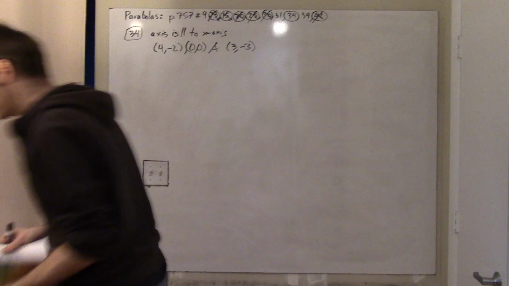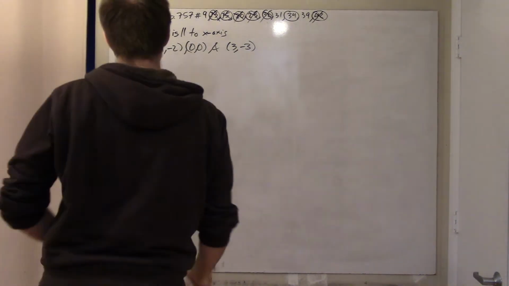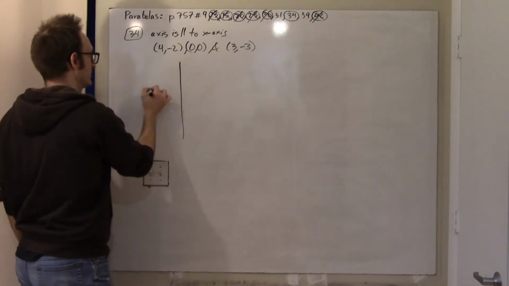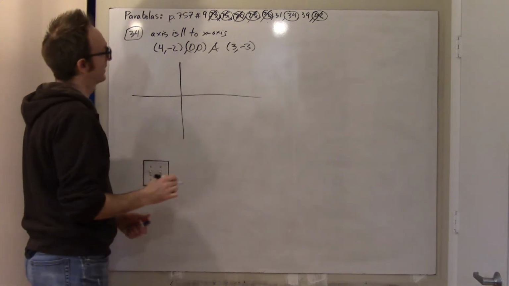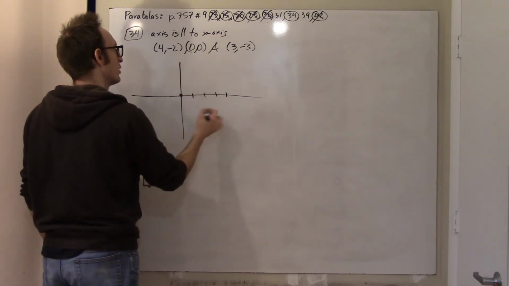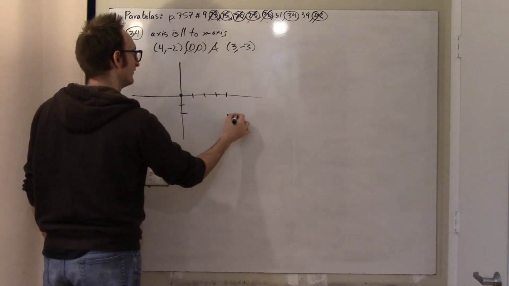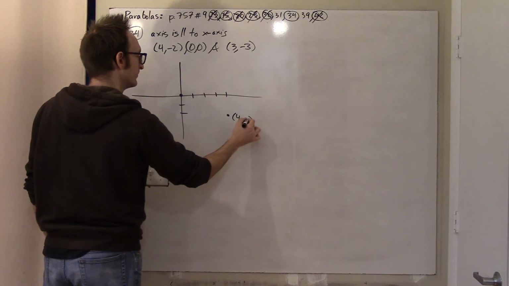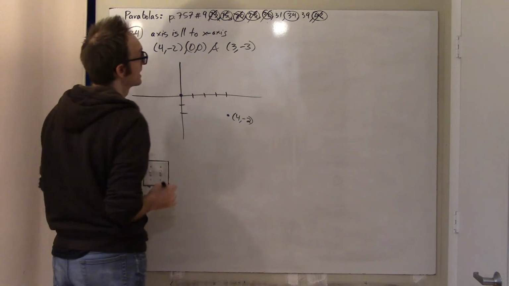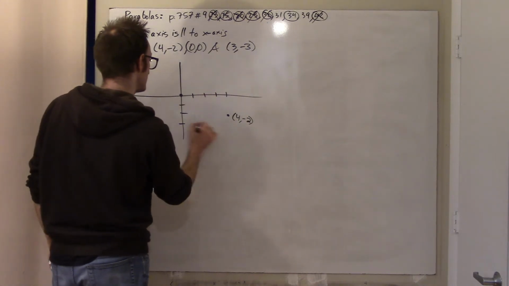Alright, so there are basically 2 ways to do this problem. First, let's make a picture. Let's plot the points first. Here's (0, 0), here's (4, -2), and here is (3, -3), so like this.